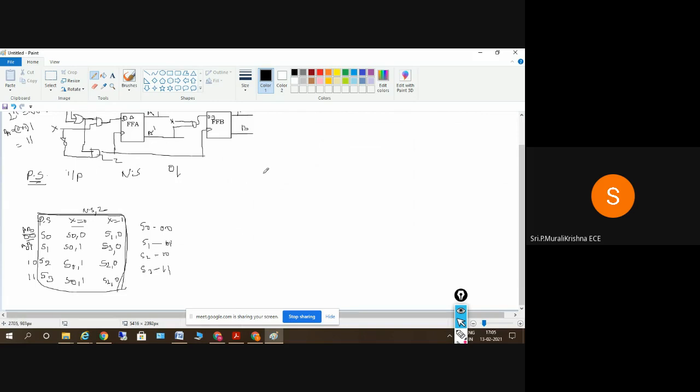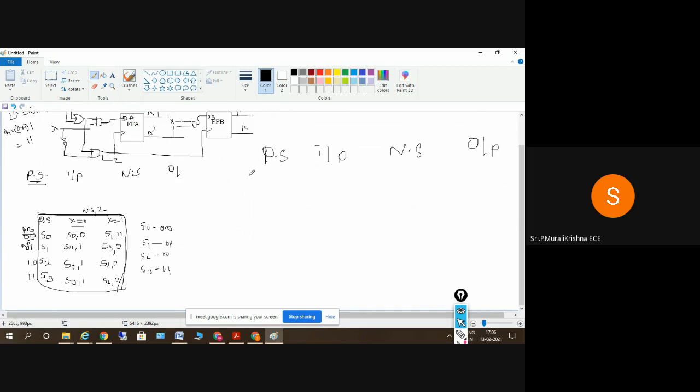Okay, so the method will be like: present state, input, next state, output.